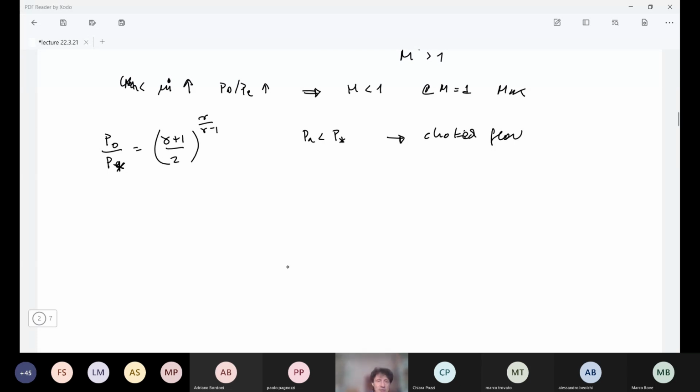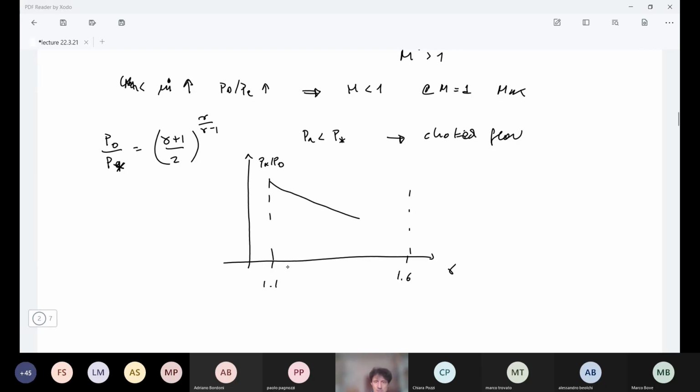And if you look here at the behavior as a function of gamma, we see a decreasing value of the critical pressure ratio with gamma, but you see also that we can identify the range of this quantity.